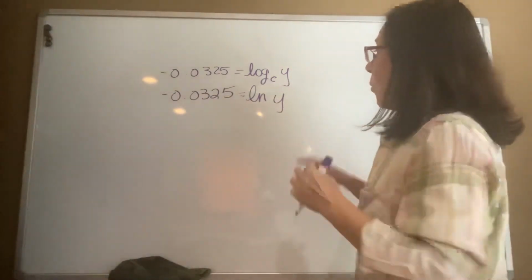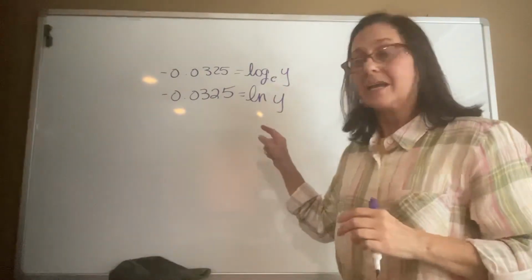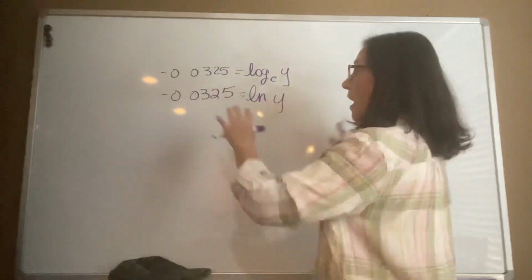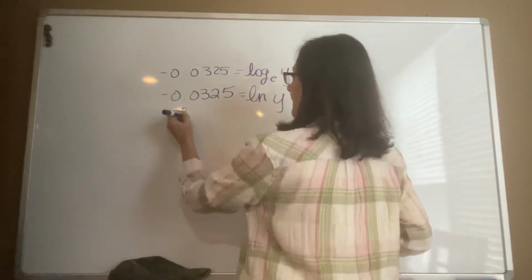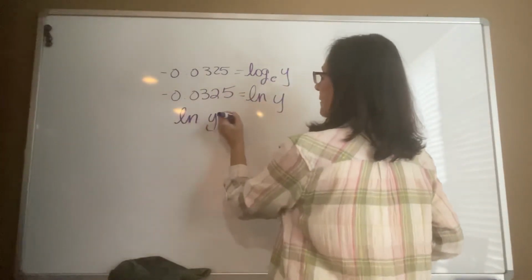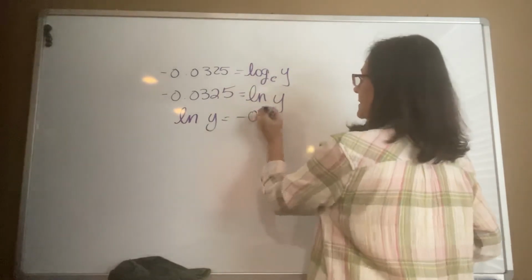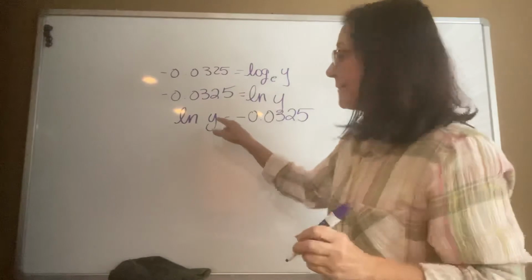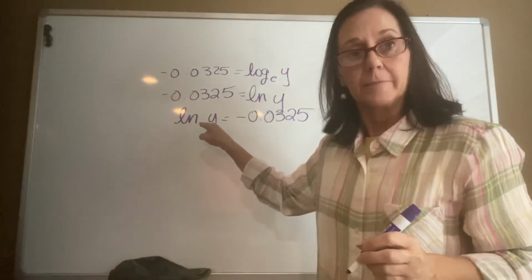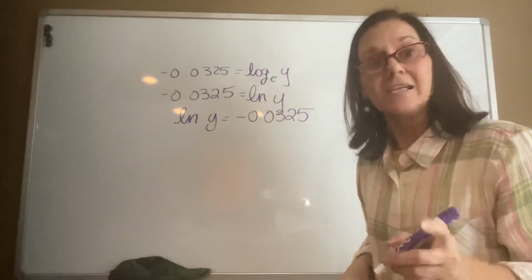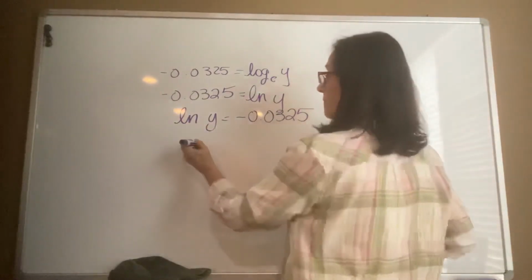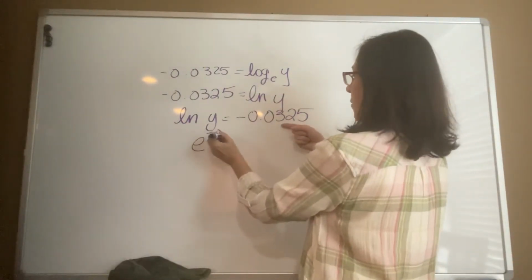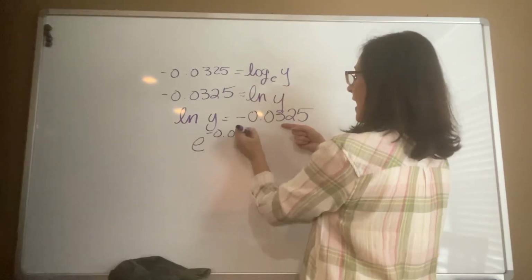Okay? I'm going to convert this because I'm solving for the anti-log, right? I'll write it the other way so you can see it. It's the ln of y equals negative 0.0325. When I'm solving for the anti-log, I'm going to go to exponents. So natural log, my base is E. My exponent, negative 0.0325.